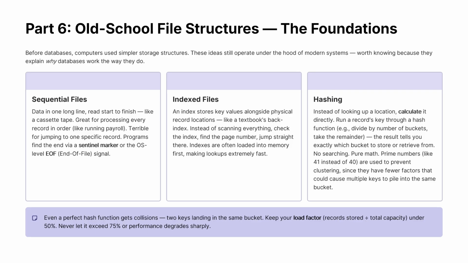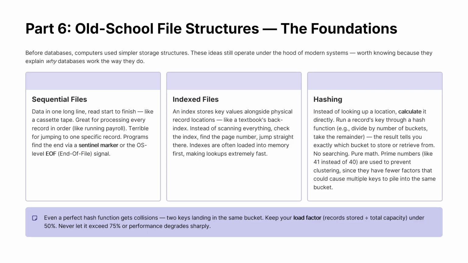Clever, right? But even with a perfect hash function, collisions are basically inevitable. 2 different keys landing in the same bucket. In fact, math shows that even with a well-designed hash and only 8 records placed into 41 buckets, there's already a better-than-even chance a collision has occurred.